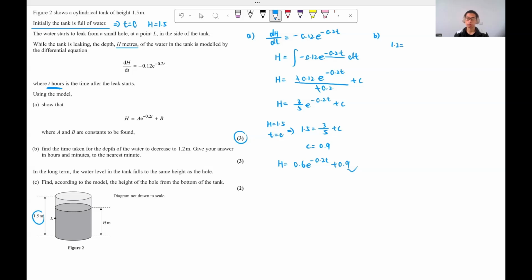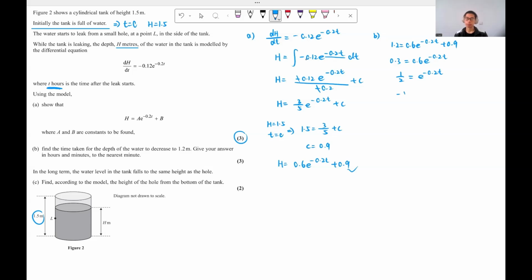So 1.2 equal to 0.6 e to the power negative 0.2t plus 0.9. Minus 0.9 from both sides, that would be 0.3 equal to 0.6 e to the power negative 0.2t. Then divide by 0.6. So 0.3 divided by 0.6 is just equal to 1/2. So 1/2 equal to e to the power negative 0.2t.